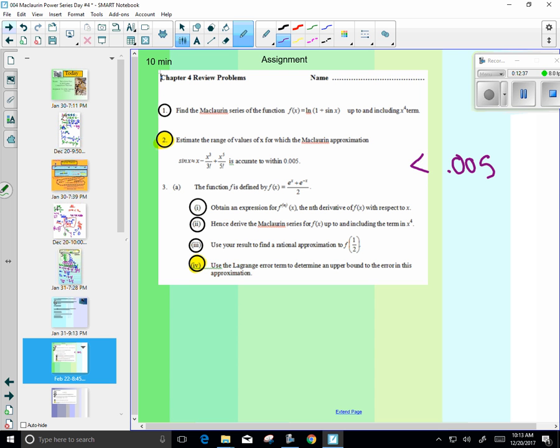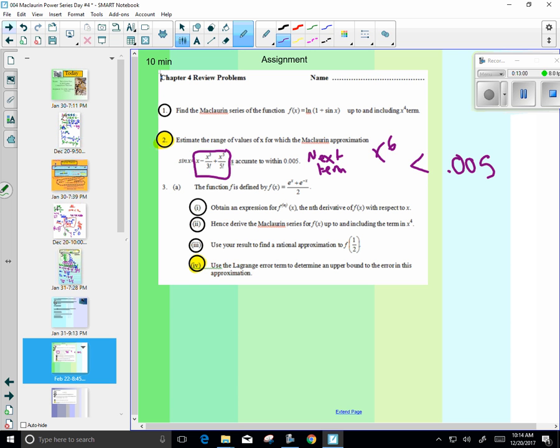What's the formula for this one? What will the next term be?